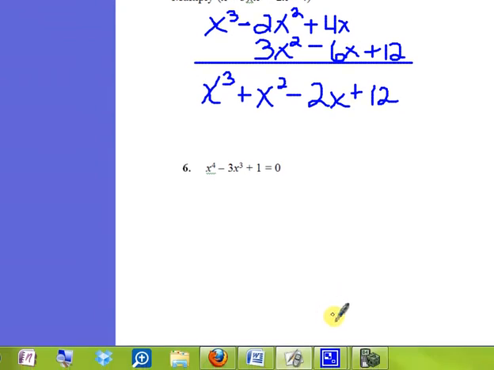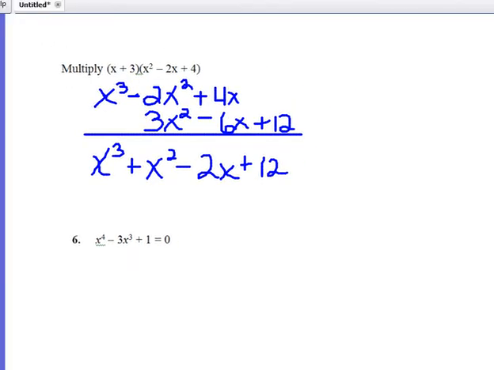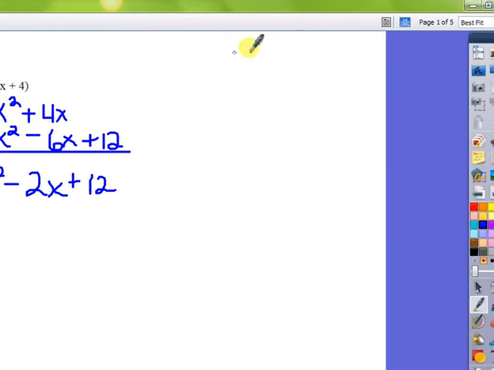Okay, now question number 6. We're going to solve this one by using the graphing calculator, using second calc 0 on that graphing calculator. The first thing you have to do is, of course, pull out your graphing calculator.